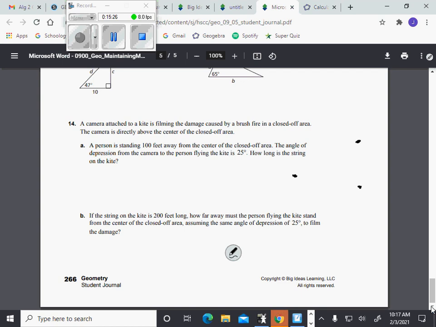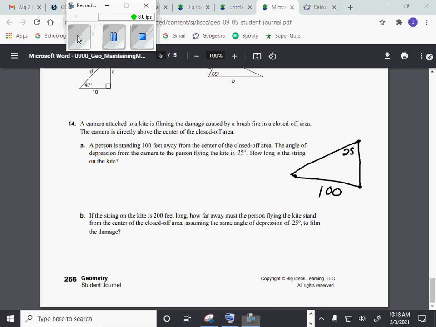So we know that this is 100. The angle of depression from the camera to the person flying the kite is 25 degrees. So this angle here is 25 degrees. Okay. How long is the string on the kite?